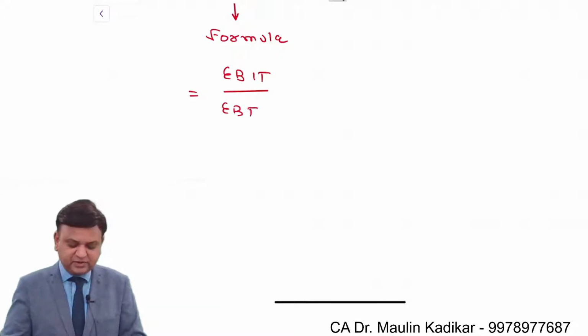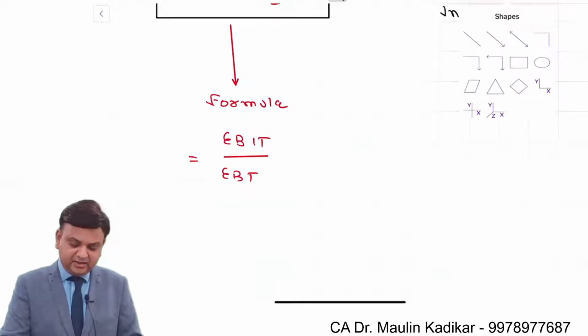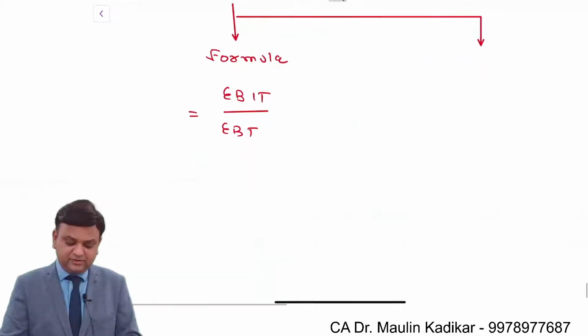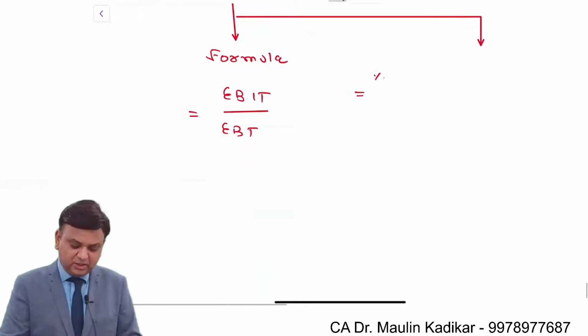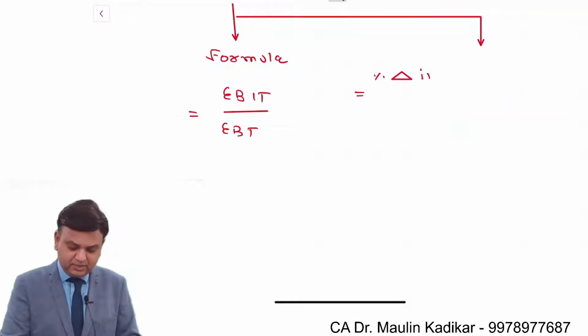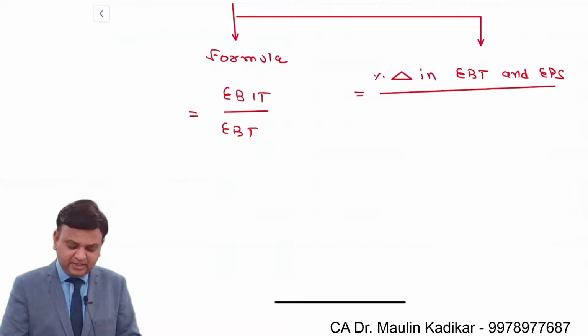This is the basic formula with which the DFL is calculated, and it measures the percentage change in earnings before taxes and earnings per share for every 1% change in EBIT.